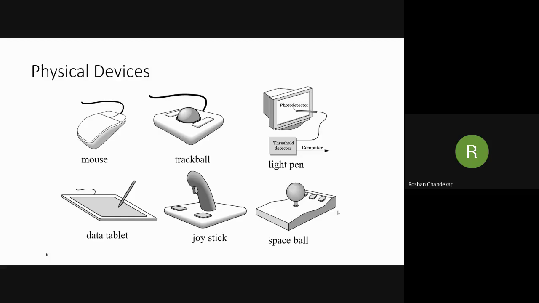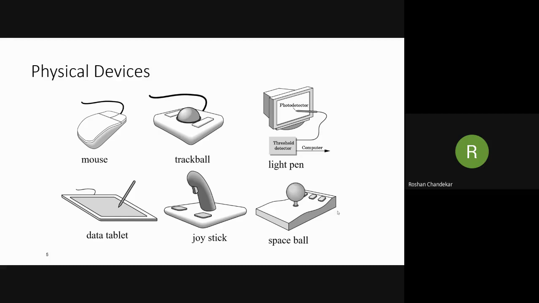Starting from the mouse, everyone knows the mouse: there is a pointer on the screen, and there are two buttons, left and right. We select a particular object or image on the screen by using the mouse.